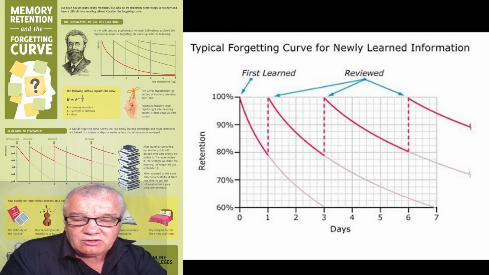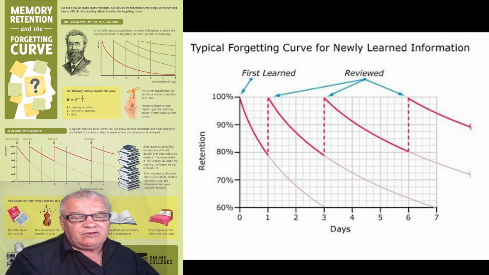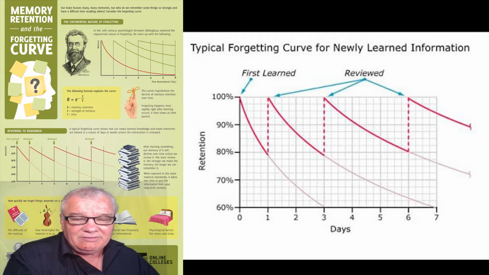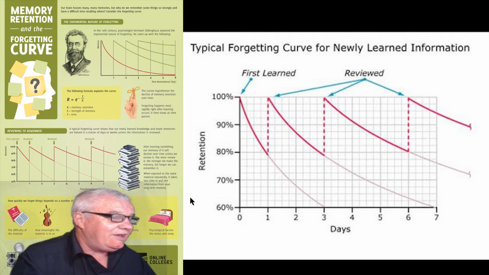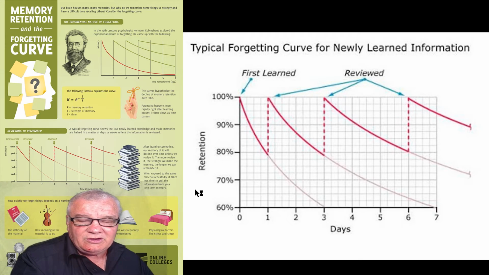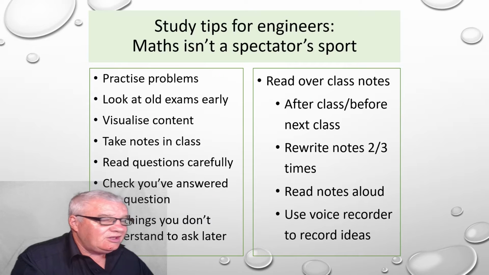So constant reviewing of your data, going back and checking, making sure that you've still got it learnt and bringing it to the forefront of your mind, enables it to stay there somewhat longer. These are the results of the Ebbinghaus forgetting curve. Very, very important piece of information that will keep your learning current.